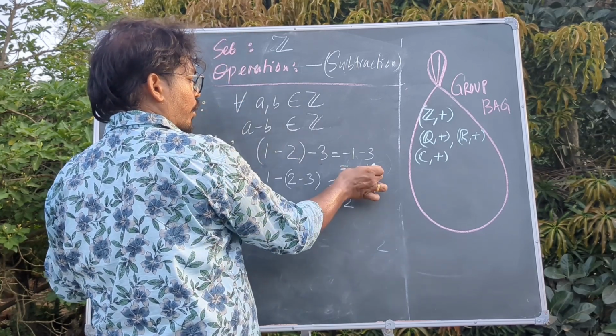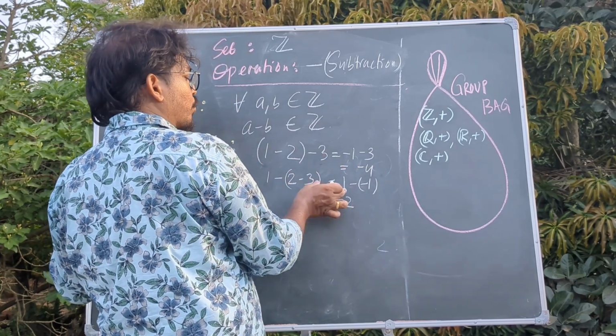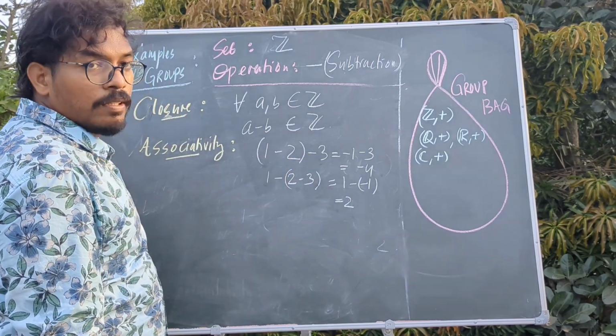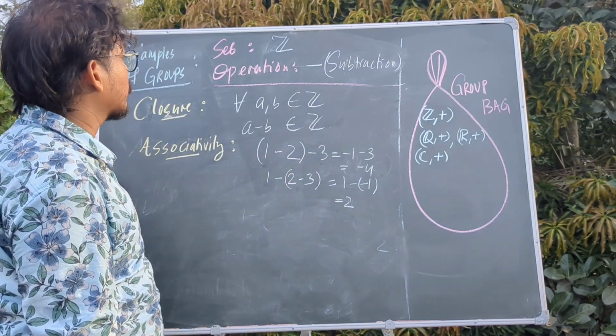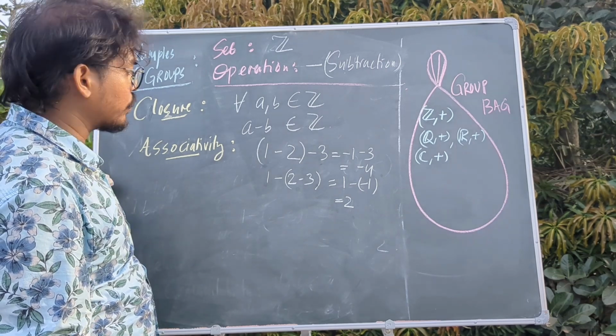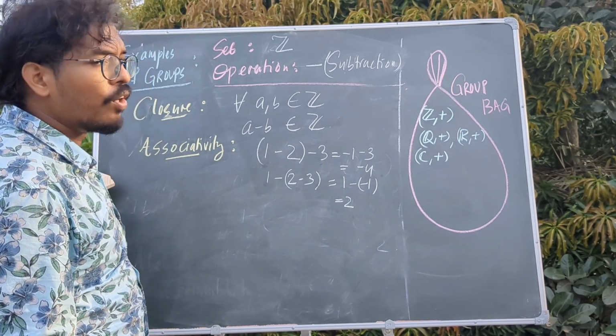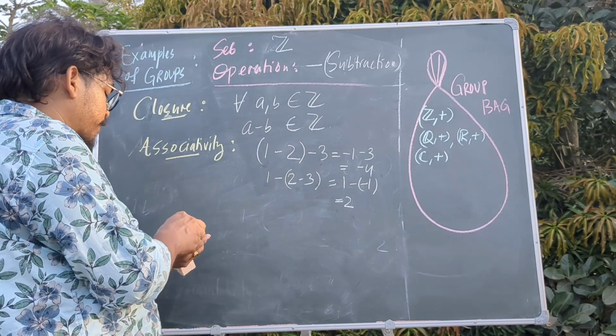This one equals minus 4, this one equals 2, therefore they are not equal. Hence associativity does not hold in the set of integers under subtraction. Hence the set of integers under subtraction is not a group.